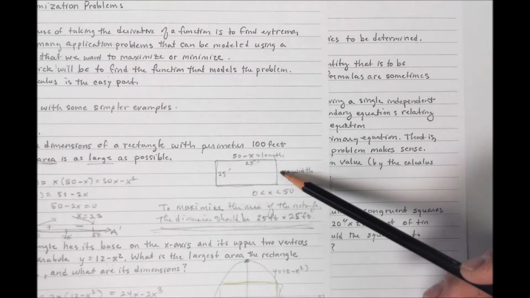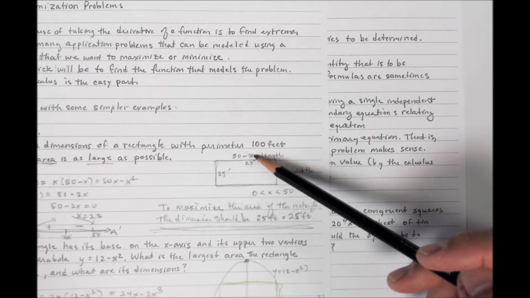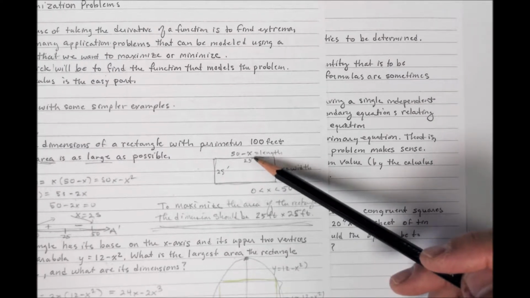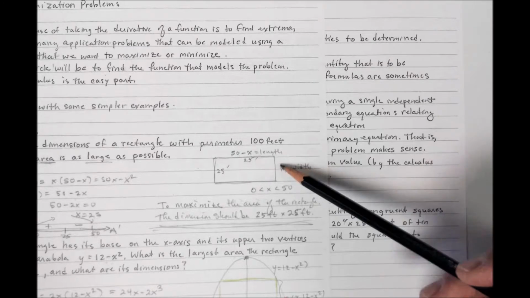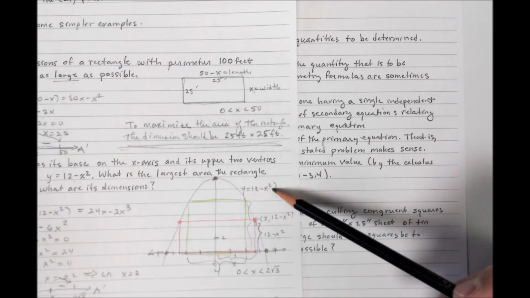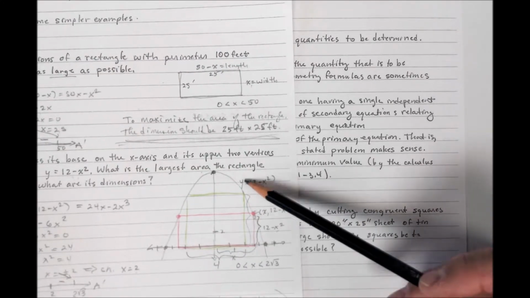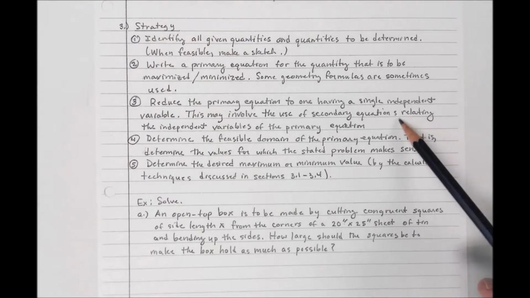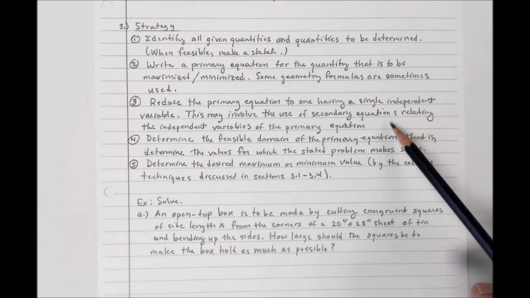I had 2 variables, x and y, but I was able to easily write one of the values, in this case with the perimeter, so that everything was in terms of x, and the same thing here with this equation. It allowed me to figure out what the y was in terms of x. But sometimes you may have to come up with a secondary equation so that you can make a substitution into that. And that's what step 3 is talking about here. We'll probably come across one of those here in just a bit.